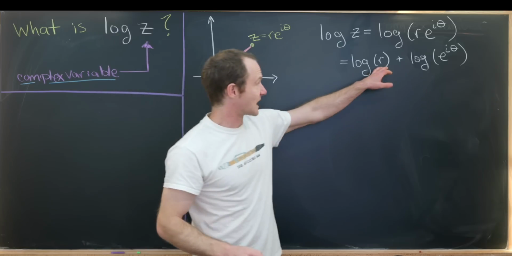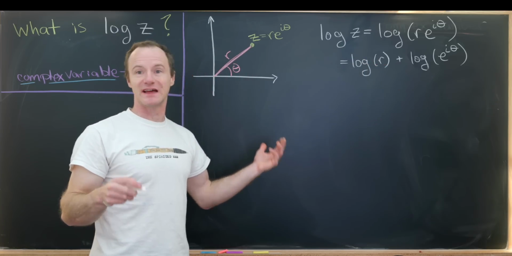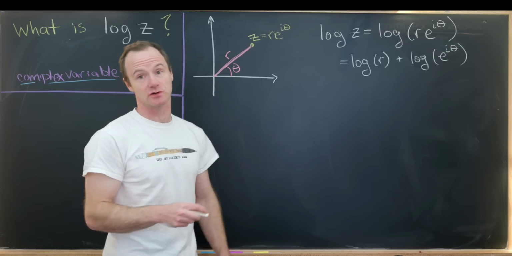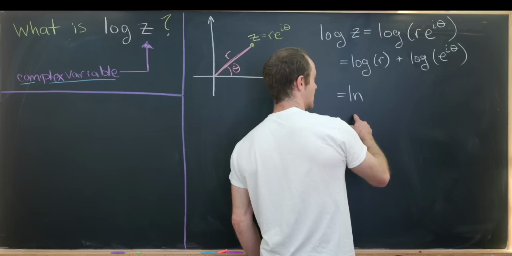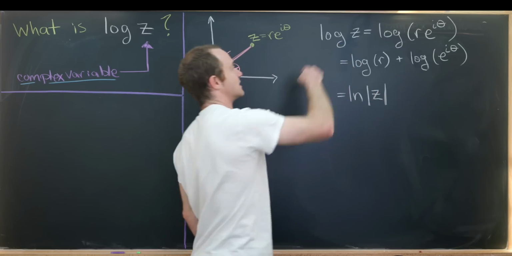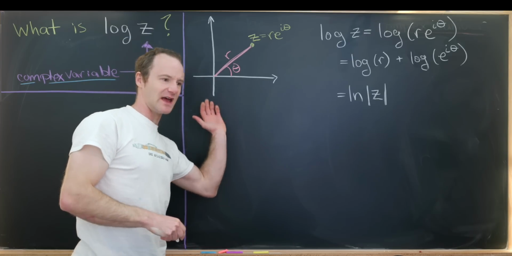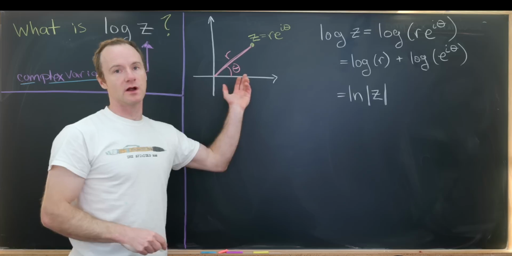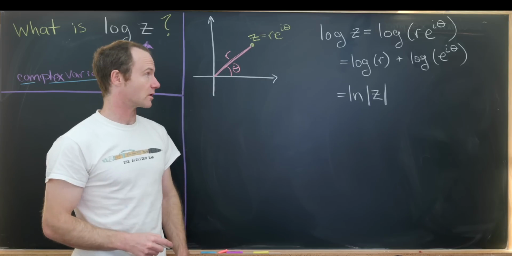But then we've just got a real number right here. And so if we've got a real number and we're taking the logarithm, that's just the standard natural logarithm. So I'll write this as the natural logarithm of, instead of r, I'll write the modulus of z, just to put it in terms of our complex variable z, so we can extinguish the need for the reliance on the explicit polar form.